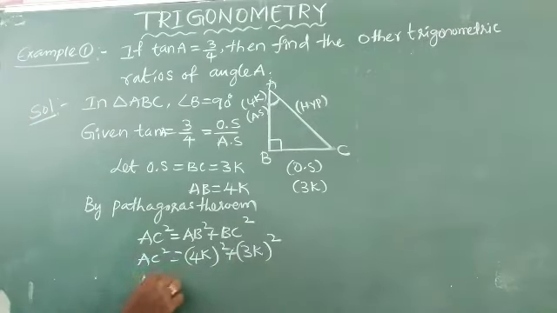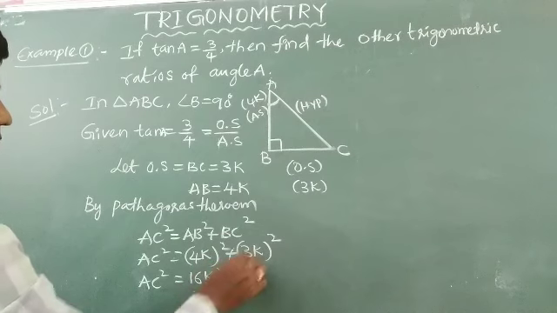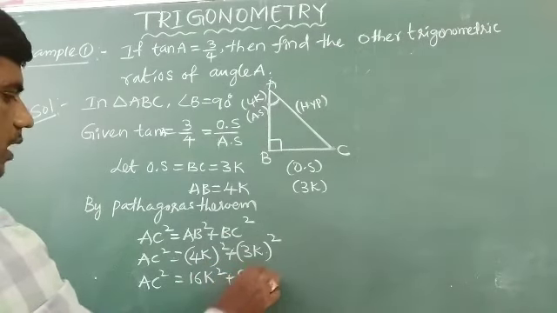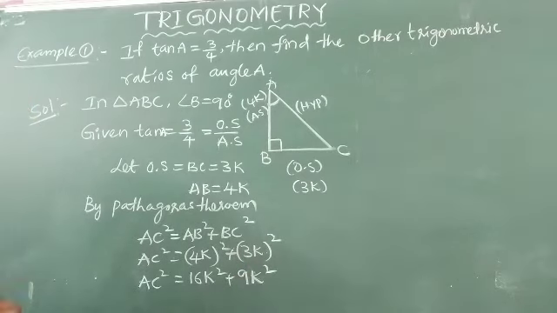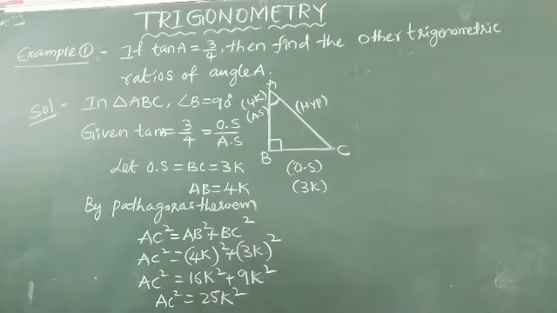So AC square equals 16K square plus 9K square, which is 25K square.